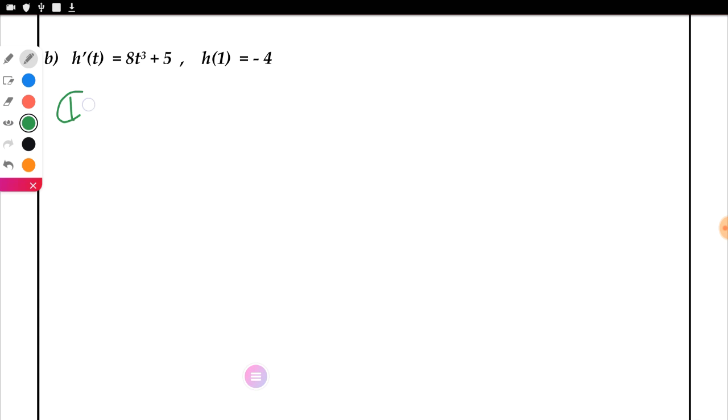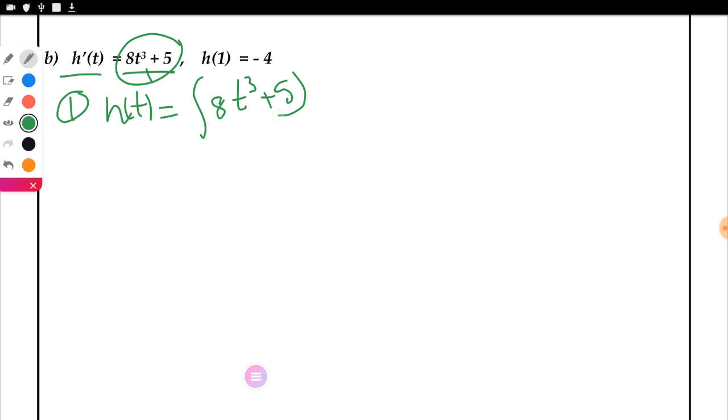What is the first step? Antiderivative of both sides. Left side, the antiderivative is h(t), because it means the original function whose derivative is h prime. How to find the antiderivative of the rest? By using the process called indefinite integration, okay? Plus 5 with respect to what?